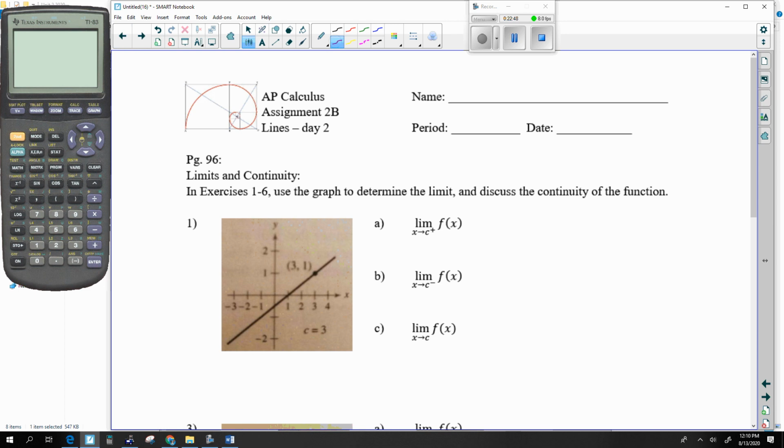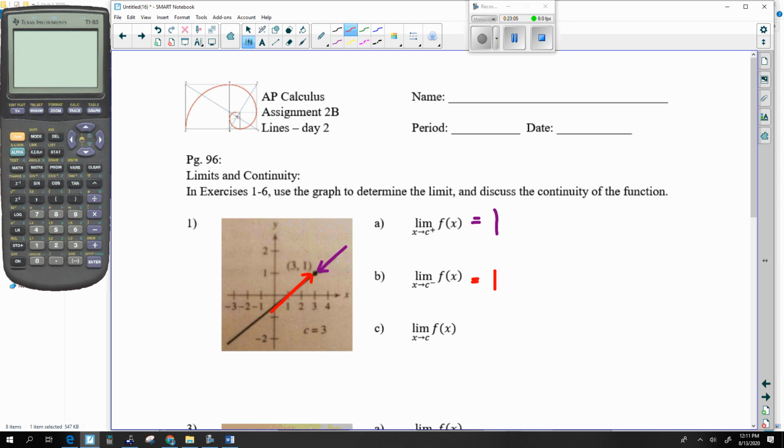Okay, so here we go. The limit as x goes to 3 from the plus side is that one, and that is equal to 1. The limit as x goes to 3 from the negative side, that's that line. That is also equal to 1.